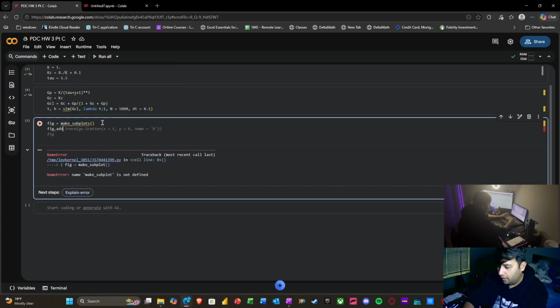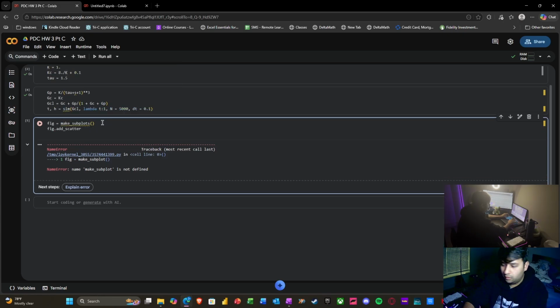Then fig.add_scatter, where x is our t, y is h. We're going to have mode set to lines.